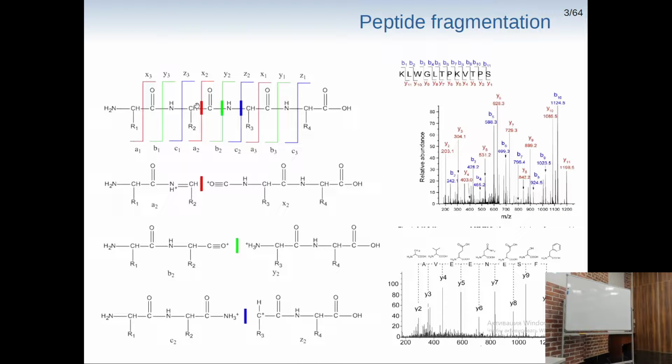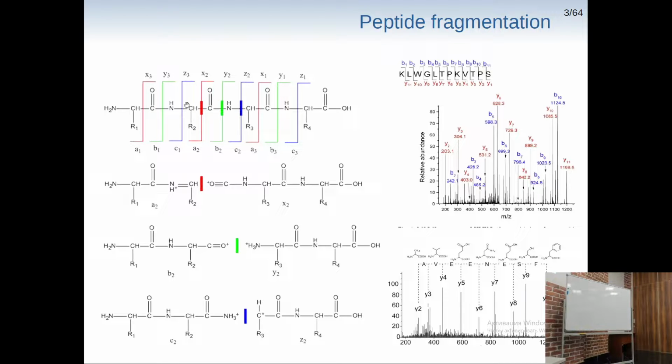Those 3 different positions provide us with 3 different ions, be it one ion from the left side or any other ion from the right side. So actually we have a series of ions, and the nomenclature is the following. The left side part would be A type of ion, then B, C. From this position it would be X, Y and Z. So just to name them.